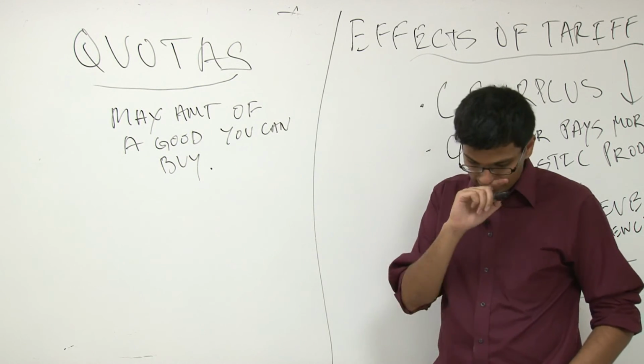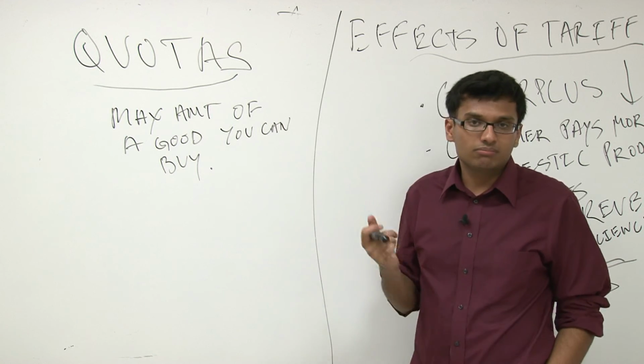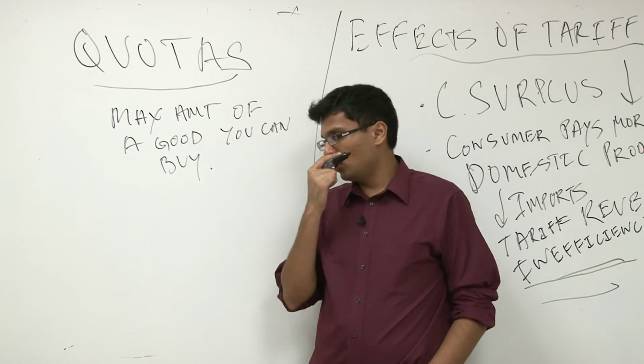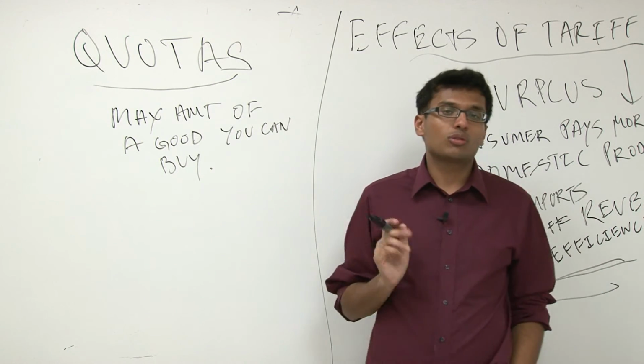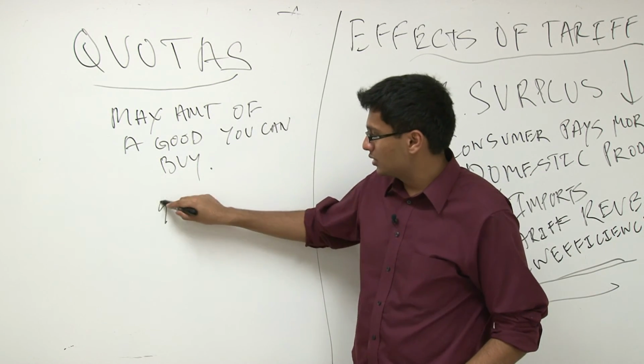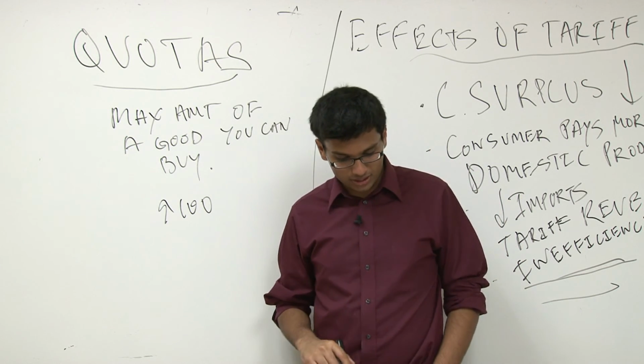All right, so let's say, you know, we love chocolate in this class. So let's say there's a quota on chocolate. You can only buy up to $100 million worth of chocolate, okay? What does this do?